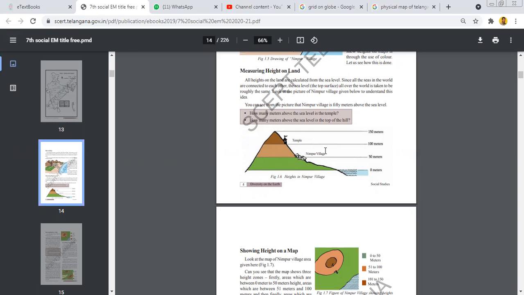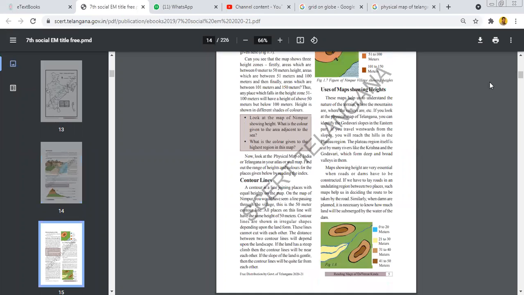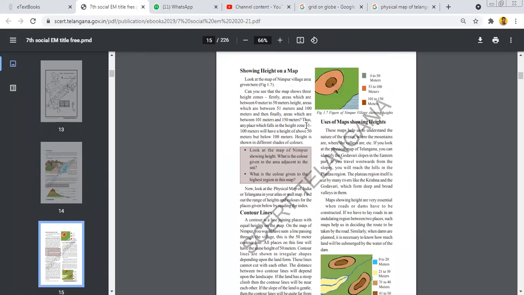Next, how can you show these heights on the map? That is important. We use some circles to show the heights on the map. This is the height of the mountain which is located in the Nimpur village.